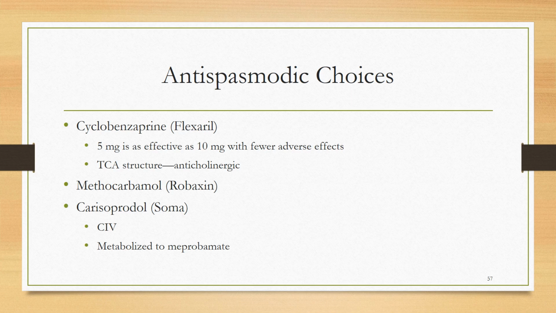Then we have Robaxin and carisoprodol, or Soma, and this is metabolized to meprobamate. Sorry, it should not be that difficult to pronounce. But this is a C4.